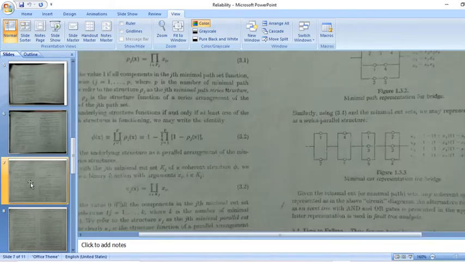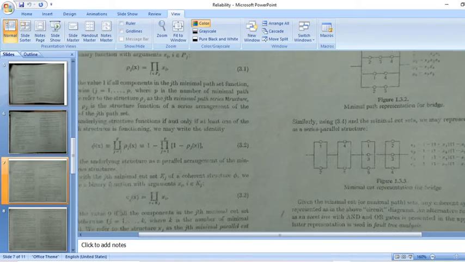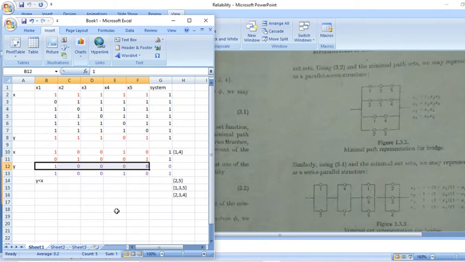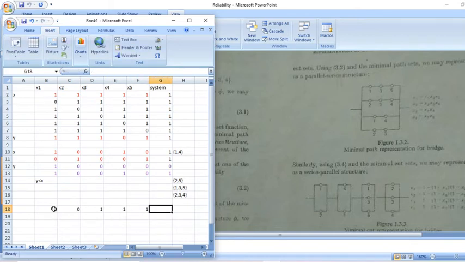Similarly, in the next slide we can see the minimal cut vectors. Set components 1 and 2 to 0, which gives 0, 0, 1, 1, 1.